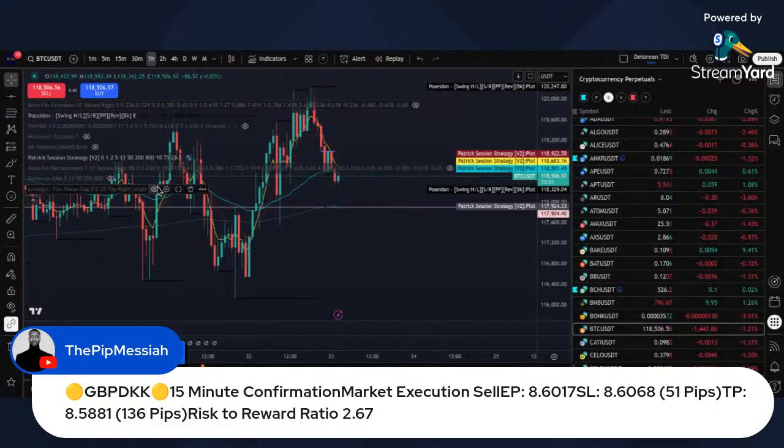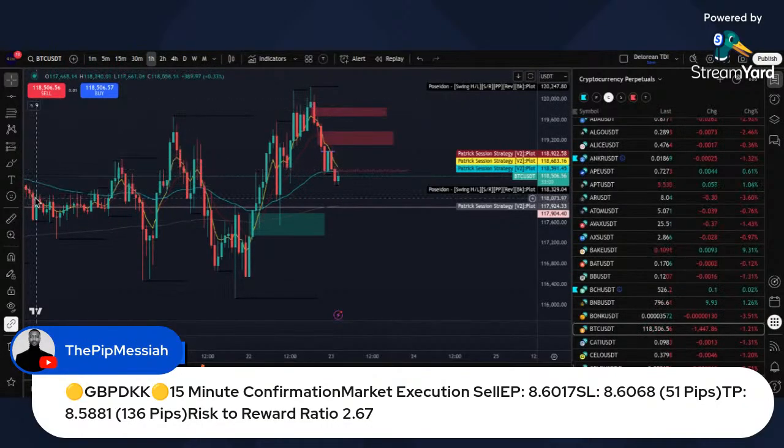The issue is there's a giant area of fair value gap support down here, which means price is trapped. It's going to have to break through that to decline further south in price. And I'm not sure that's likely to happen before the New York session when American money starts hitting the market again.